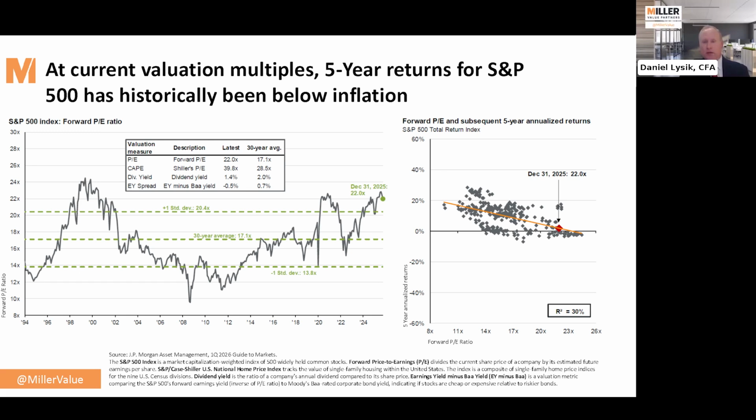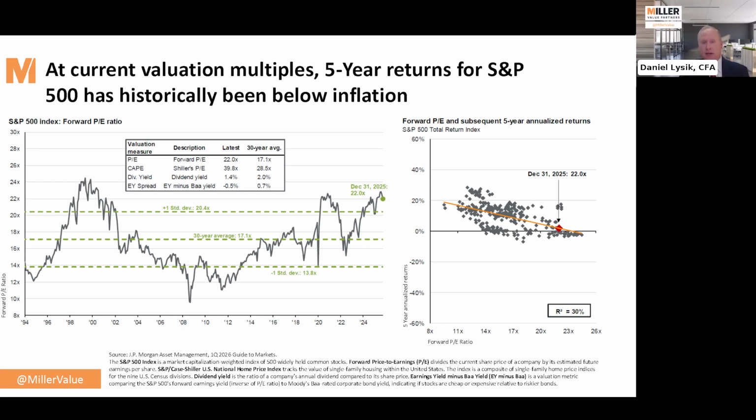The chart on the right plots the 5-year annualized forward returns of the S&P 500 relative to the forward PE multiple. As the PE multiple increases, the 5-year annualized returns fall, the inverse relationship between the two. At current valuation levels, the historic 5-year annualized forward returns are expected to be slightly positive and below long-term inflation.